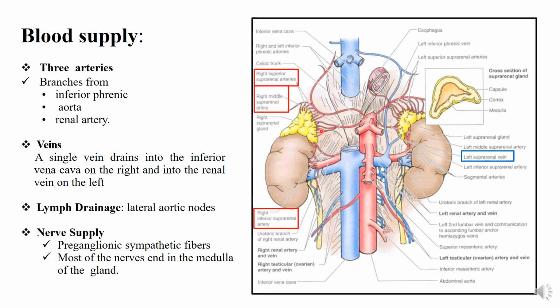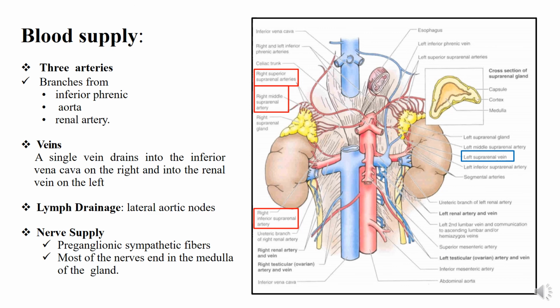If we look into the venous drainage, on the right side the gland is drained directly into the inferior vena cava, while on the left side the gland is drained into the left renal vein.